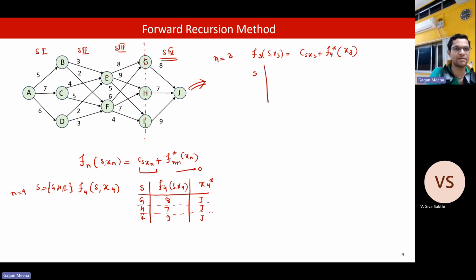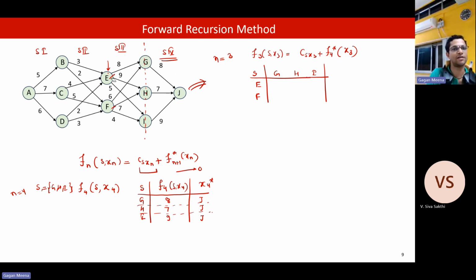In this case, S will be this set of E and F. Now here we have to write G. If I'm here, what is the cost of going from E to G?